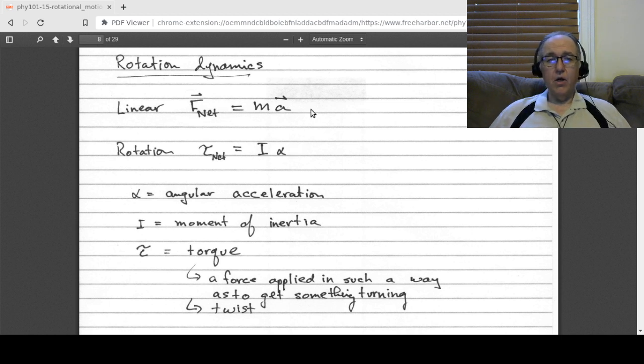I say this a lot in the course, but I want you to know that I'm not just throwing these things at you out of nowhere. You can actually start from Newton's laws, do some mathemagic, and out pops the rotational version of it. So these two equations are not really different equations. They look different, and you'll treat them as different, but actually the second one can be easily obtained from the first one by some mathematical manipulation.